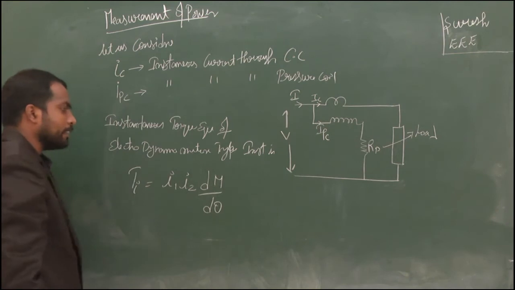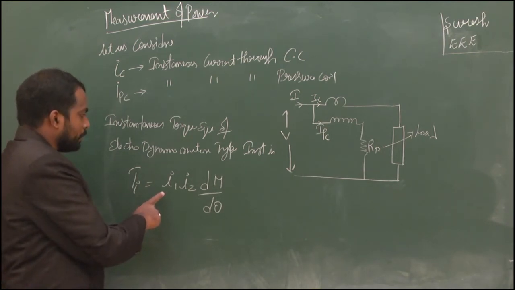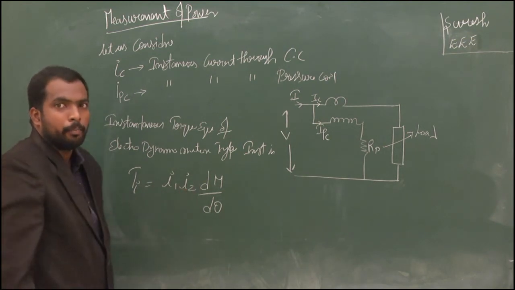So this is already discussed in the last class. The instantaneous torque equation of an electrodynamometer type instrument is I1 I2 dM by dθ.